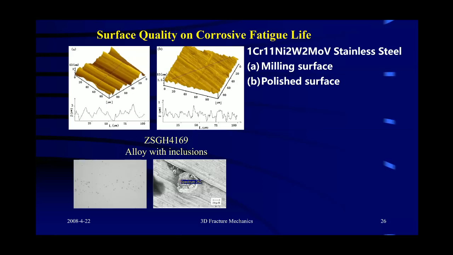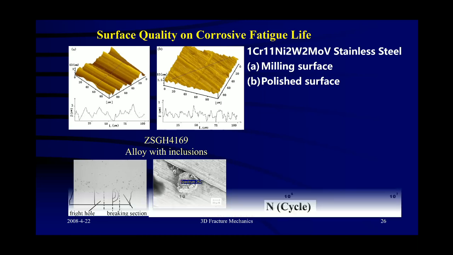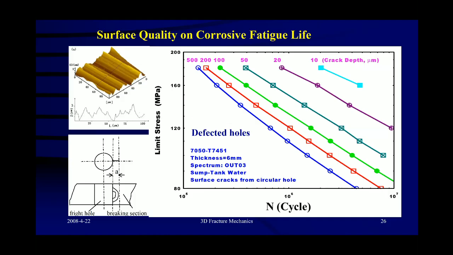So this is a very, very small surface. We have polymerization with detailed advanced technology, but under a microscope, you can see this picture. So this is the initial crack. This is the S-N curve.